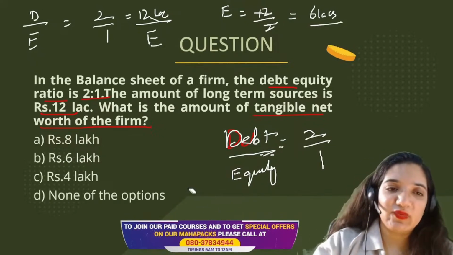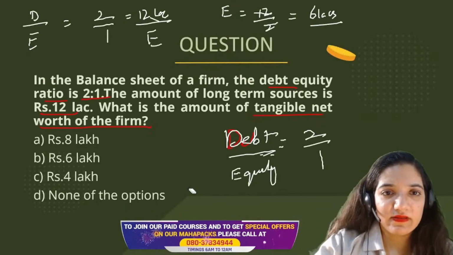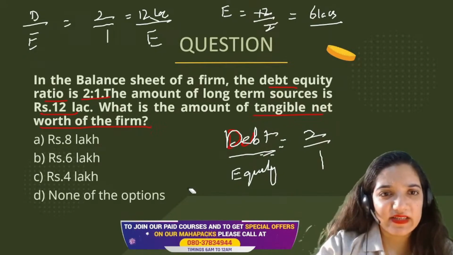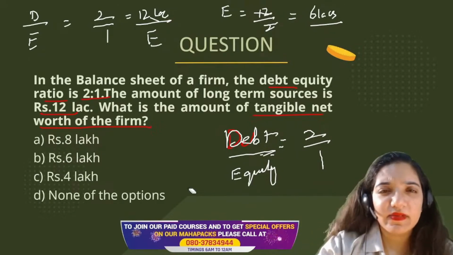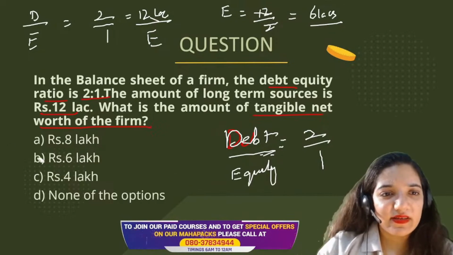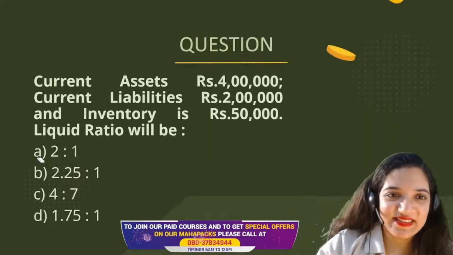So in this case, the correct answer is that the equity portion is going to be 6 lakhs only. The answer is wrong there. It is 6 lakhs.